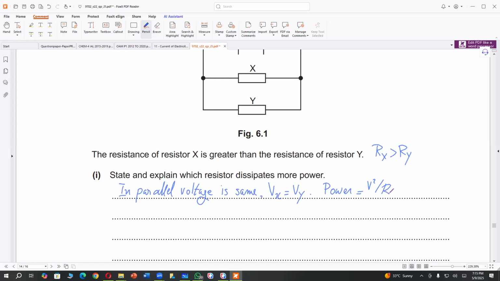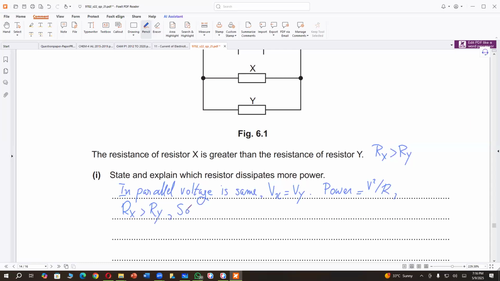Power is equal to V square upon R. Rx is greater than Ry.